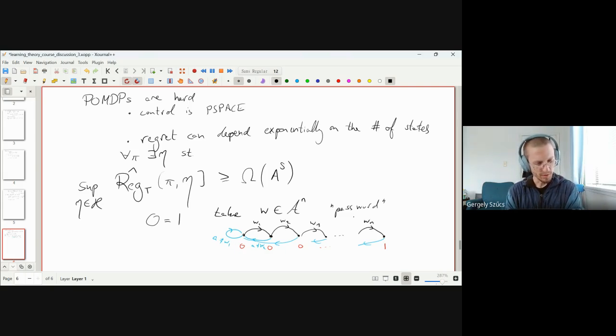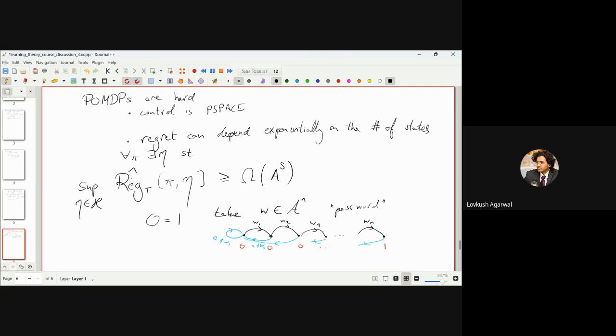And then maybe this is a meaningful statement now. It's saying the amount of time you need to discover the optimal actions is exponential in the number of states.